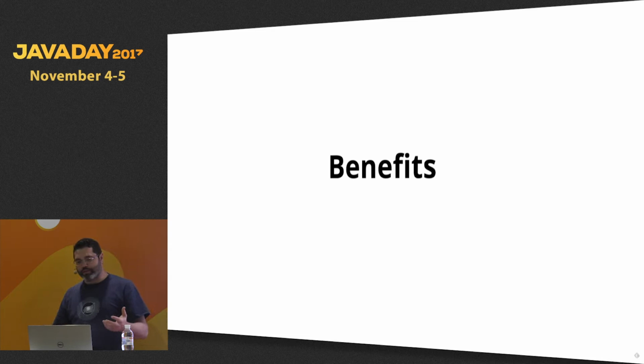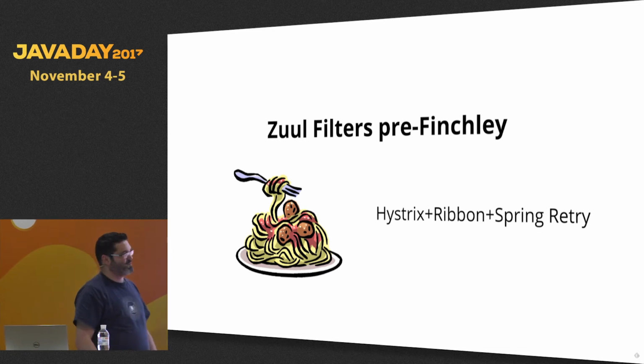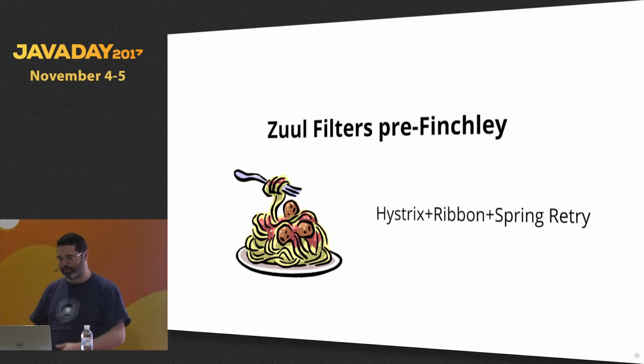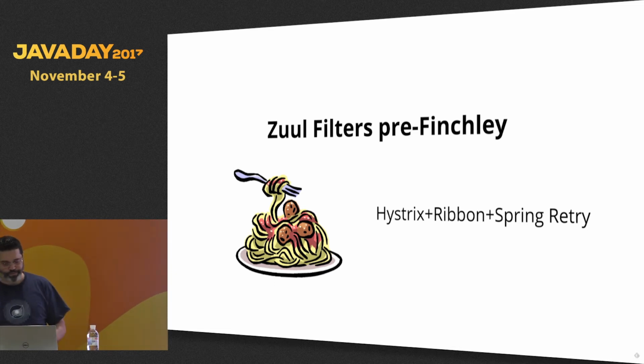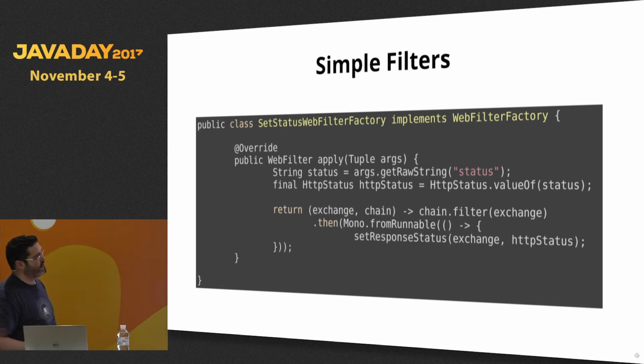So some of the benefits of this, I just actually did my spiel for this slide already. There's a little bit of spaghetti code in the retry and ribbon and hystrix, so we're able to tease that out. I talked a little bit about the simplicity in writing a filter.